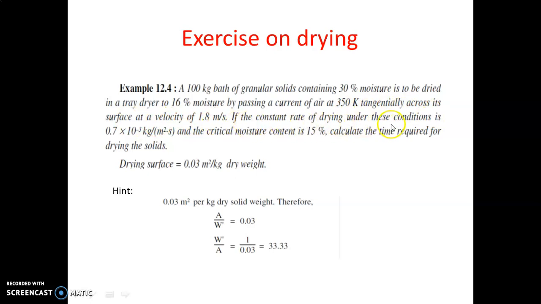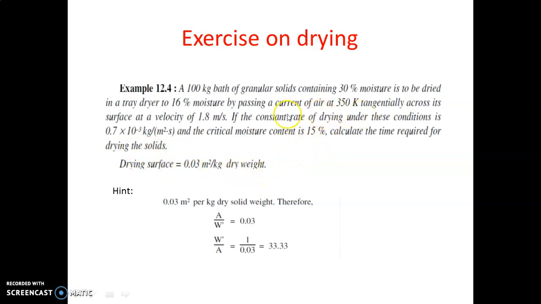If the constant rate under this condition is 0.7 into 10 to the power minus 3 kg per meter square second and the critical moisture content is 5%, calculate the time required for drying of the solid. The drying surface is given as 0.03 meter square per kg dry weight.